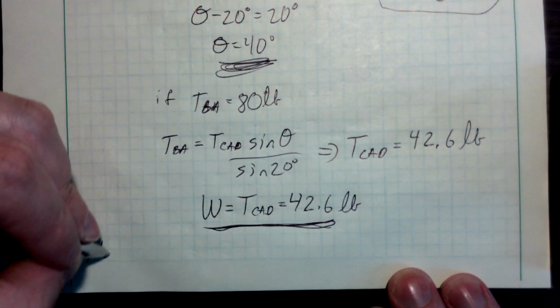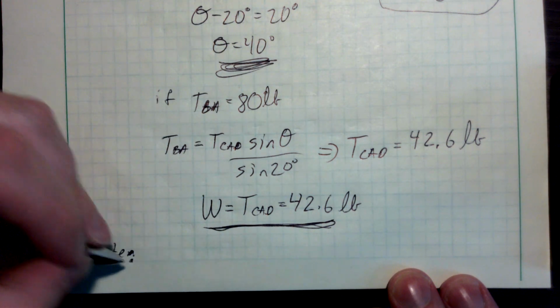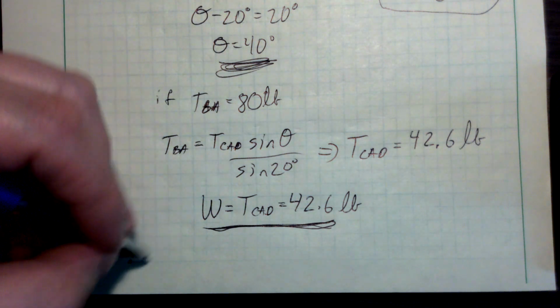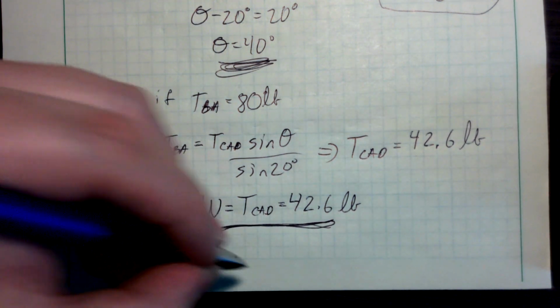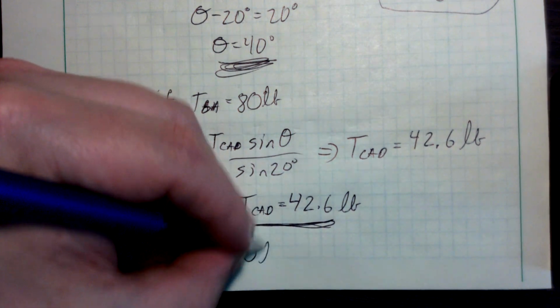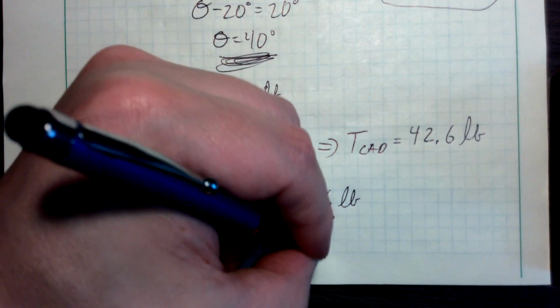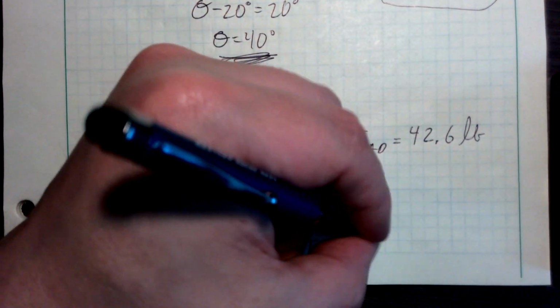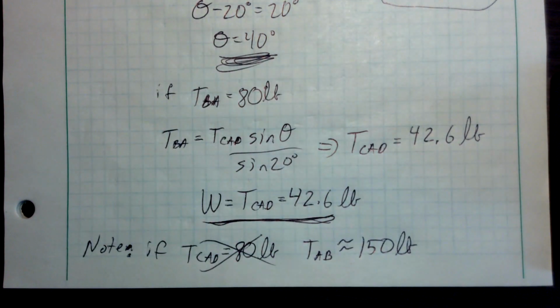I'm going to write a note down here. I intended to actually say to do it the wrong way first, so we had to do it the right way. Note that if we let TCAD be the 80 pounds, you would find tension AB to be approximately 150 pounds, which means TCAD cannot be the 80 pounds because this one can't be over 80 pounds.